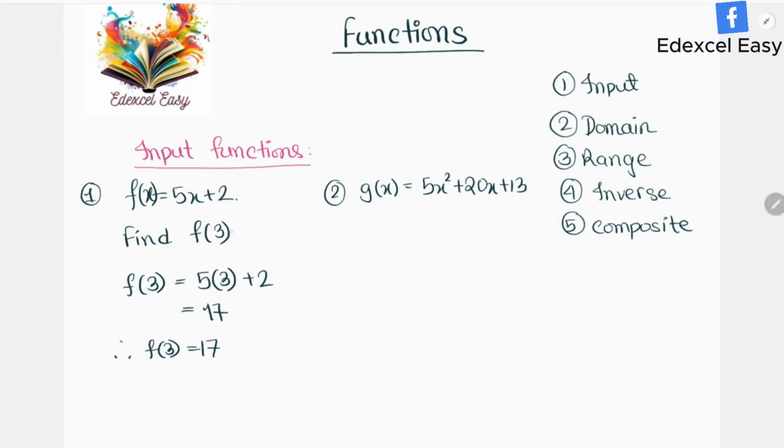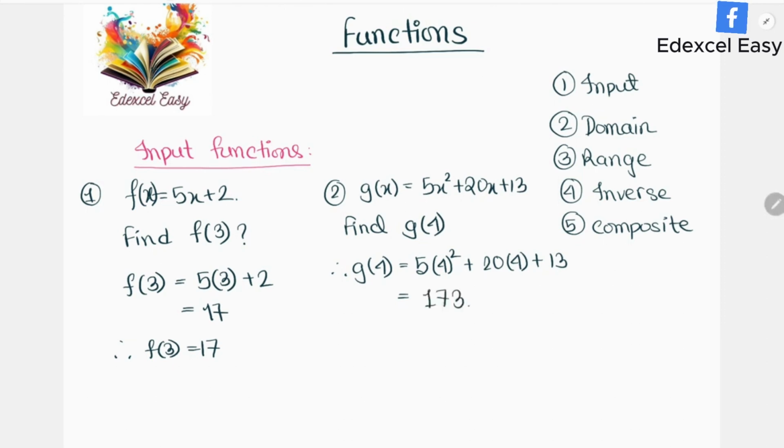Now they might ask you to find g(4). For g(4) it will be 5 times 4 squared plus 20 times 4 plus 13. You can use a calculator to find the value of this expression, which is 173. This is how you are supposed to solve your input function questions.